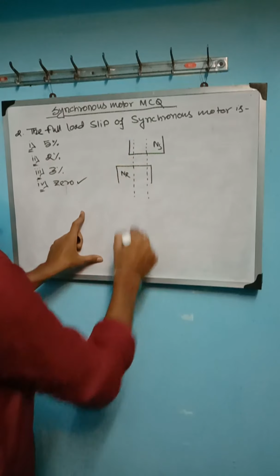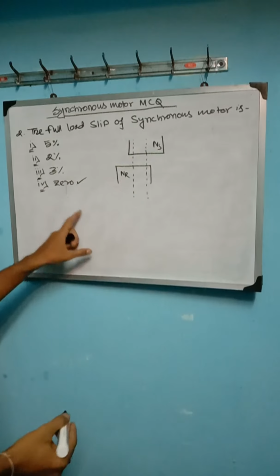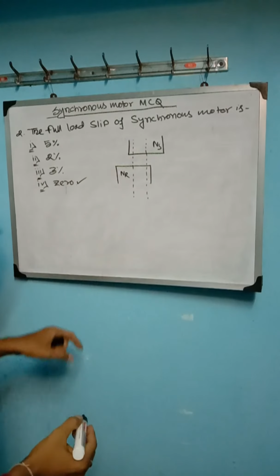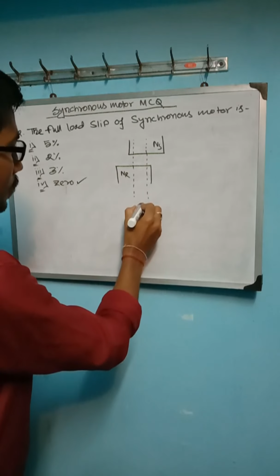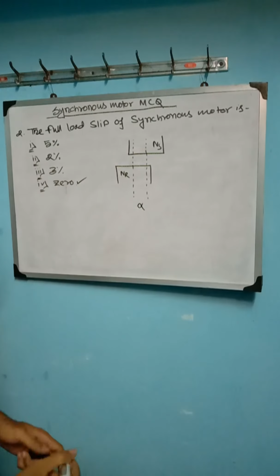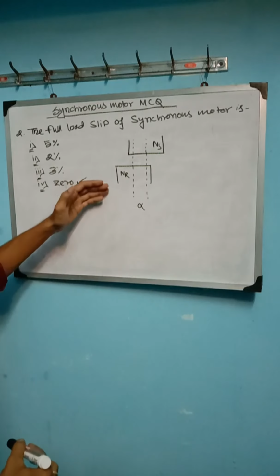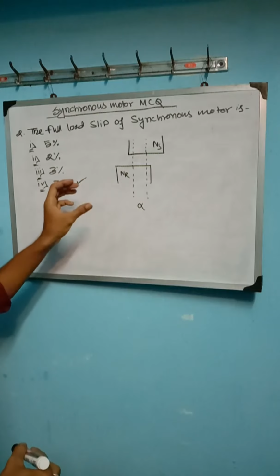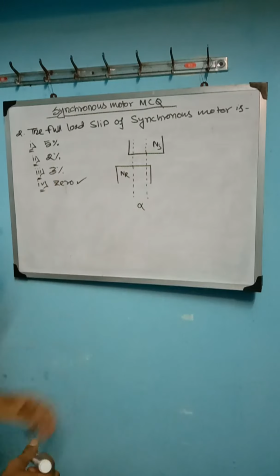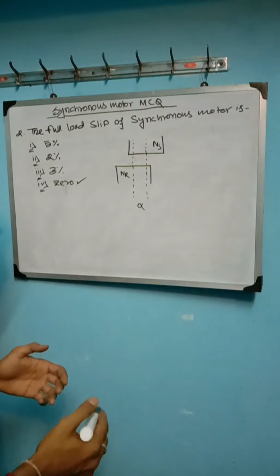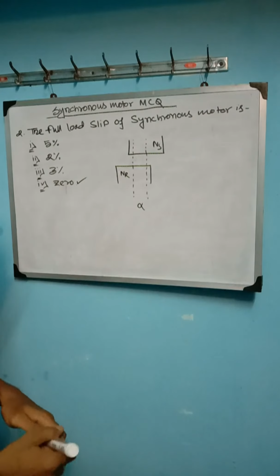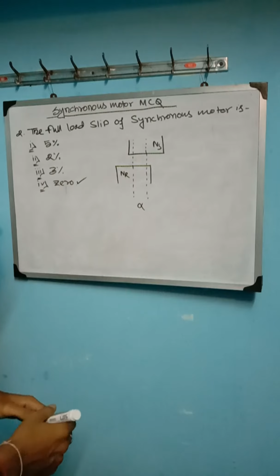So when we apply the mechanical load, that means when the full load is applied, we can see here the torque angle alpha is maximum. Though the rotor poles are slightly behind the stator poles, it remains at the same continuous speed because it increases the current.